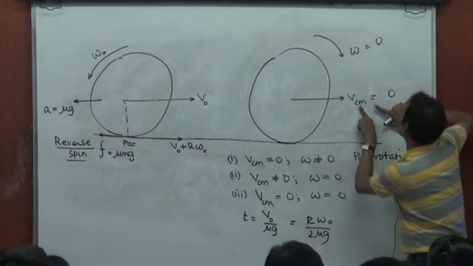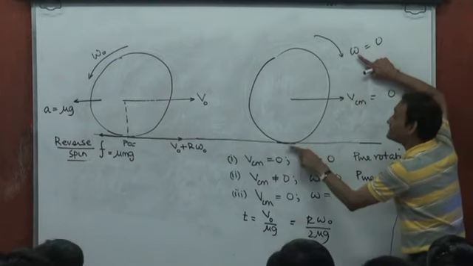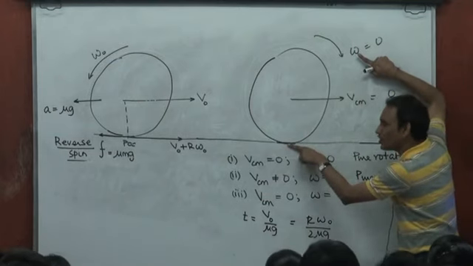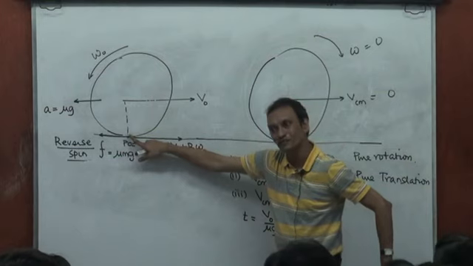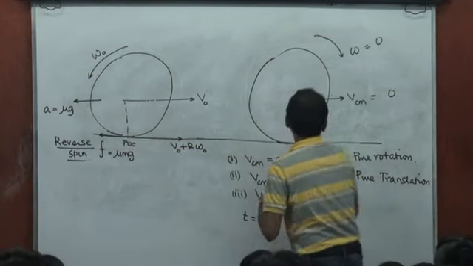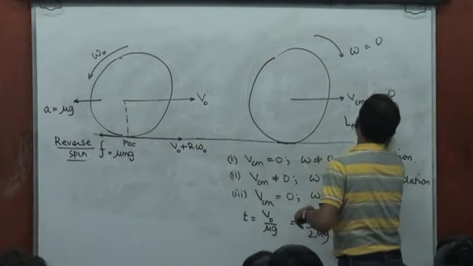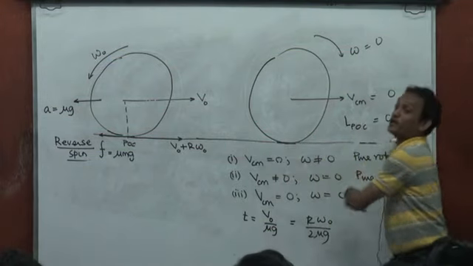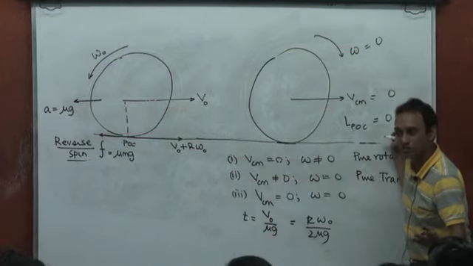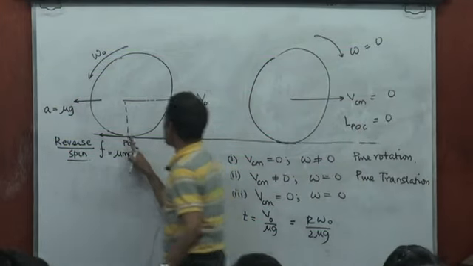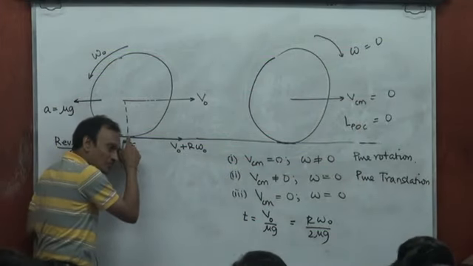Why? Because I know VCM and omega being 0 means the angular momentum about the point of contact is 0 here and must have been 0 there. So L about the point of contact, as can be judged from this state if it at all occurs, is 0. And therefore the angular momentum about the point of contact here must be 0, right?